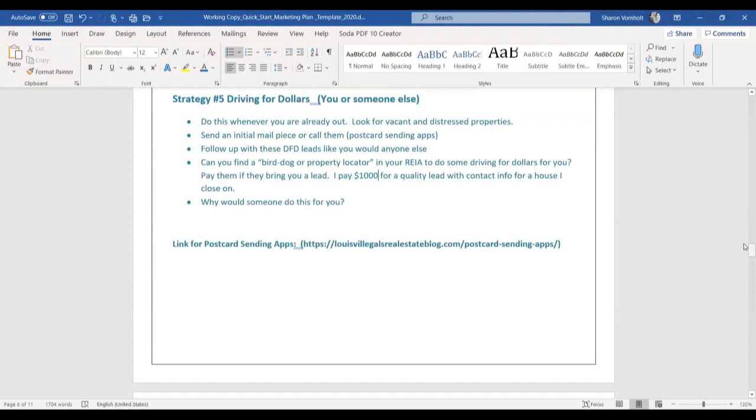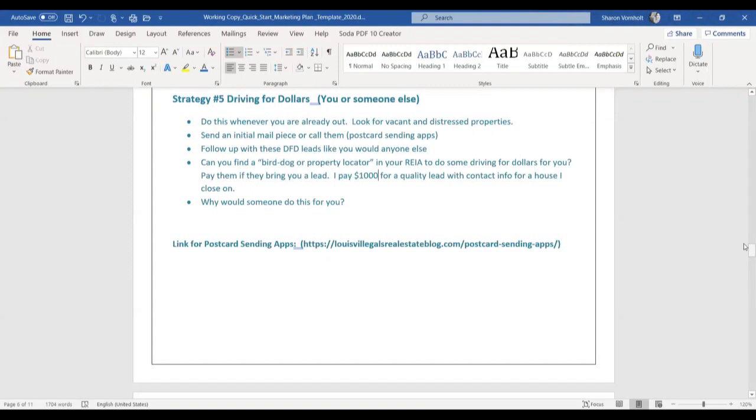If you send it to the house and they've done a change of address on there, you can figure out where that is. You can also, if you're driving for dollars and you see a great property, go knock on the doors of the neighbors. They're probably the people that know where the owner of the house is. Send them a postcard.